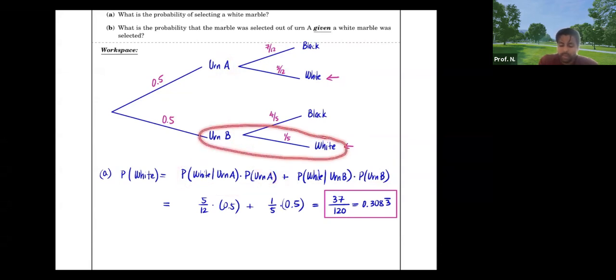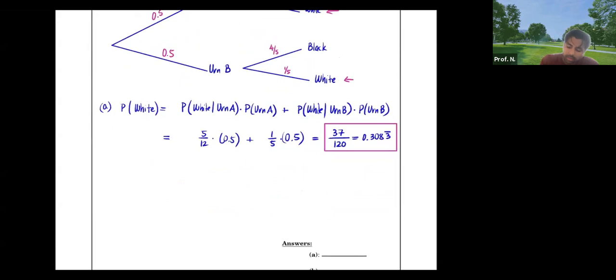What is the probability of me selecting a white marble and selecting urn B? It's this times this, and the probability of me having a white marble coming from urn A is multiplying these two probabilities together. And then if you want to find the probability of it being white overall, then you just add up those probabilities together. So that's part A.